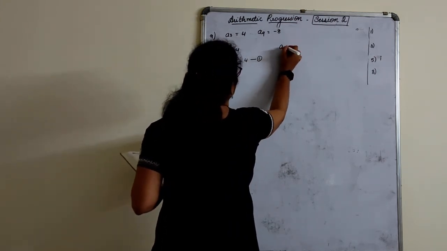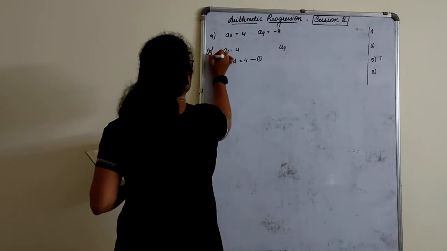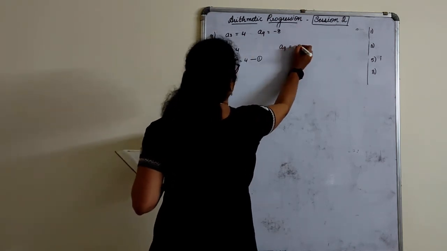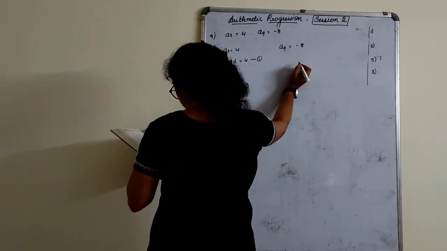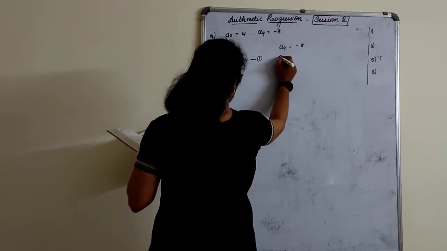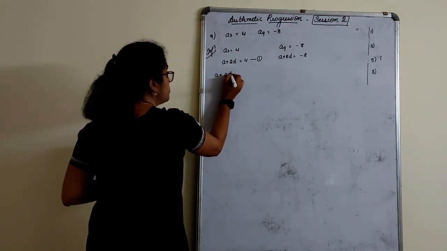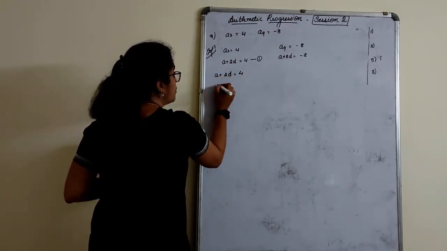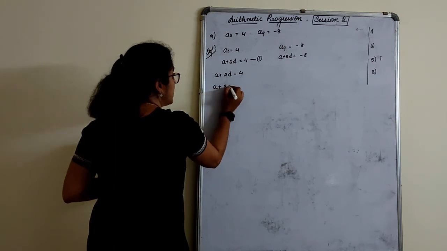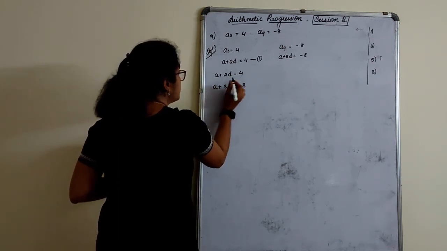Equation 1. A9 is equal to minus 8. So, A plus 8D is equal to minus 8. A plus 2D is equal to 4. A plus 8D is equal to minus 8.